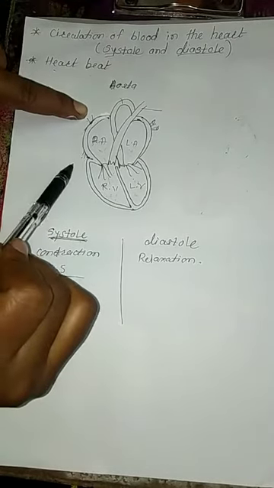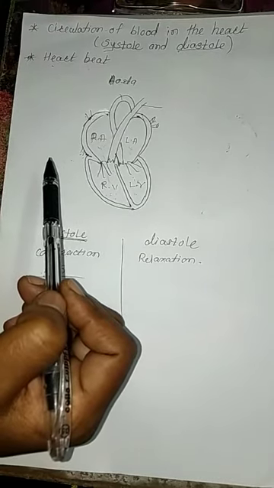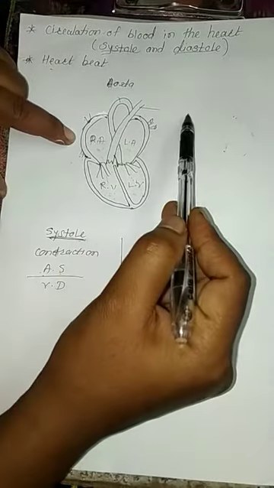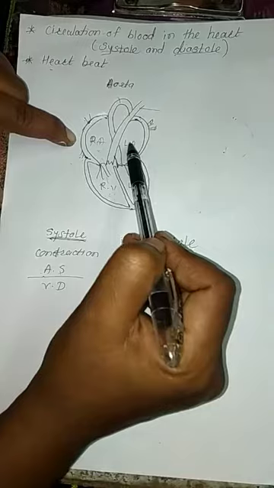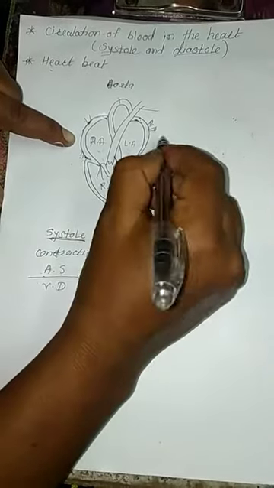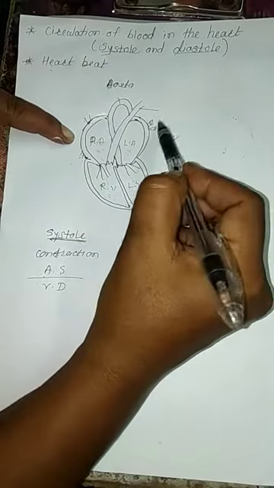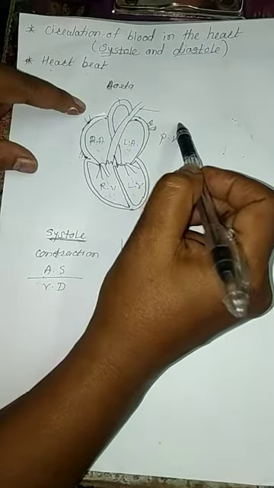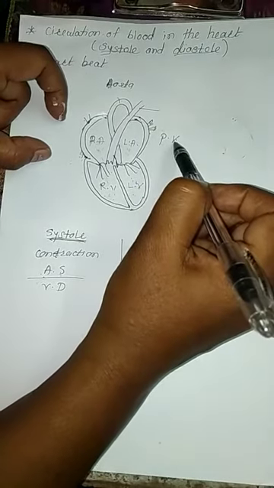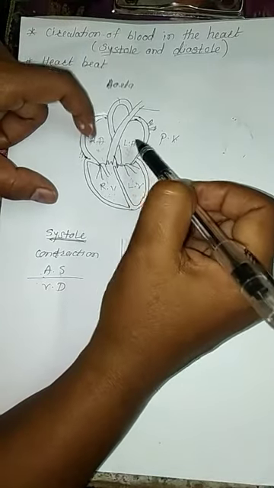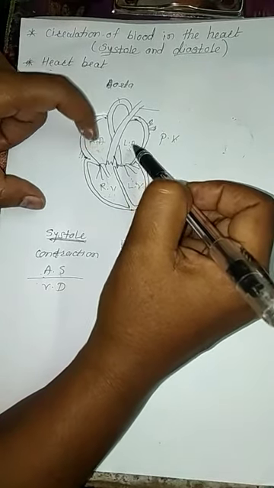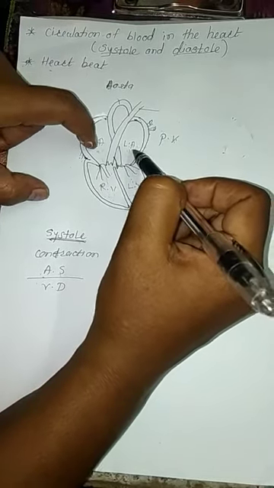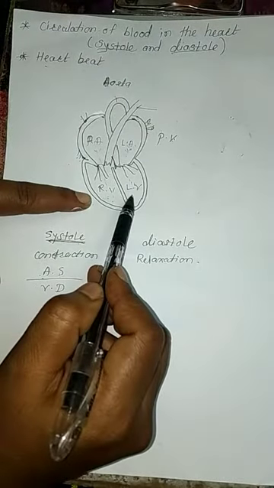The superior and inferior vena cava bring deoxygenated blood from the body to the right auricle, and at the same time the two pulmonary veins bring blood from the lungs and pour it into the left auricle. When the vena cava and pulmonary veins pour blood into the auricles, the auricles are in diastole, meaning they are relaxed. When the auricles are relaxed, simultaneously the ventricles contract.